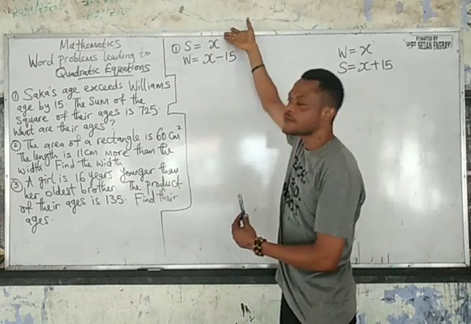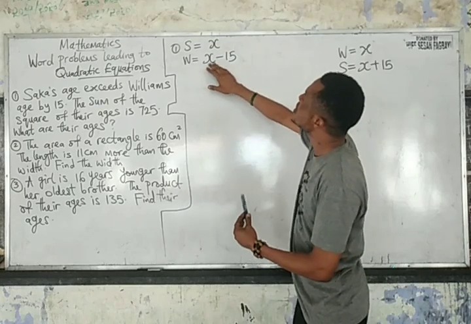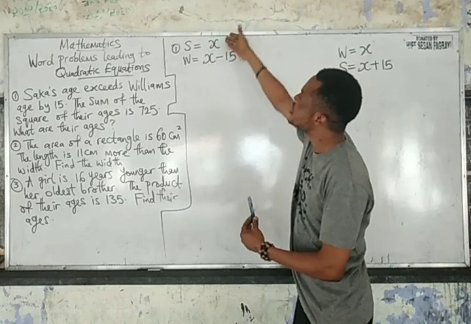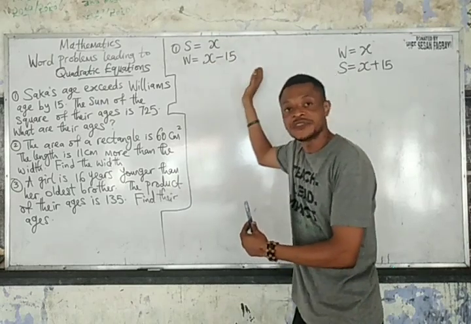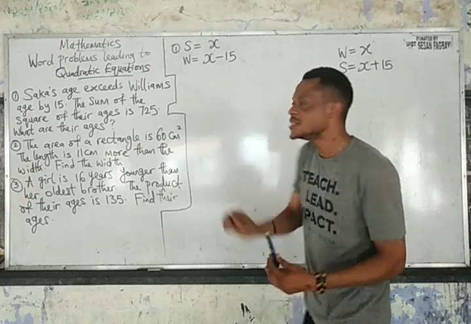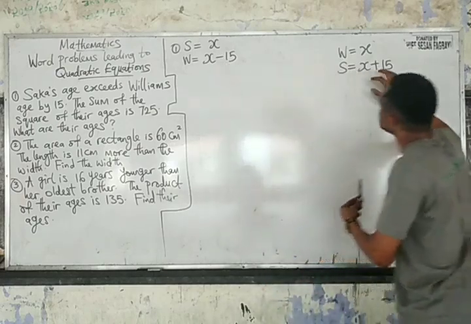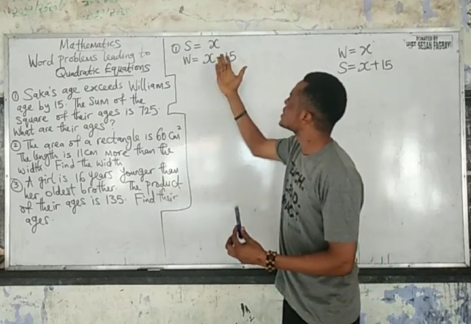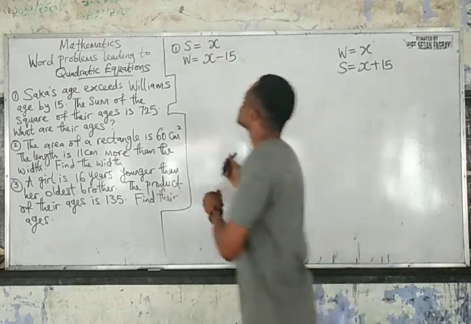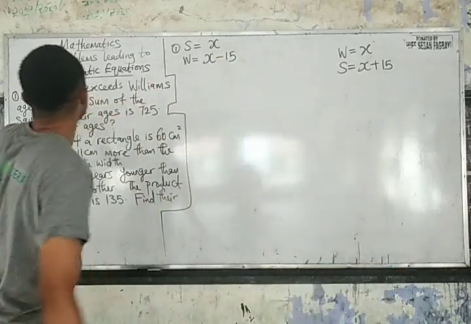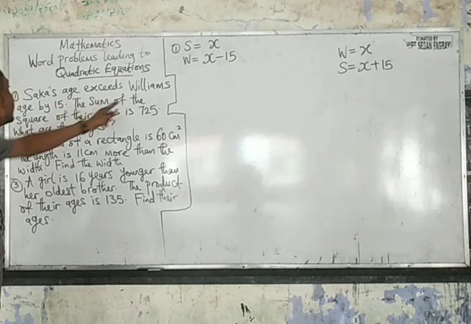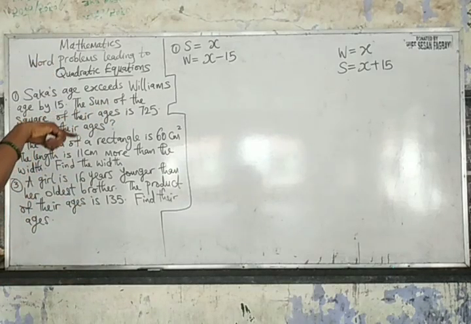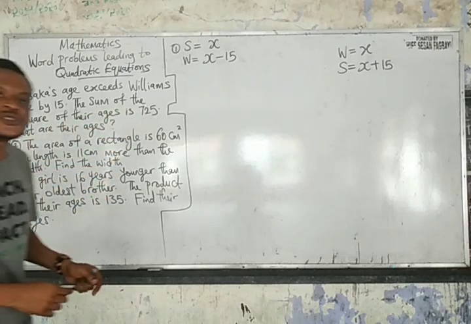If Saka is 25 years old, definitely Williams will be 25 minus 15, which will make it 10 years. So either this option or this option will give you the answer. Now let's start with this first. The second statement states that the sum of the square of their ages is 725.